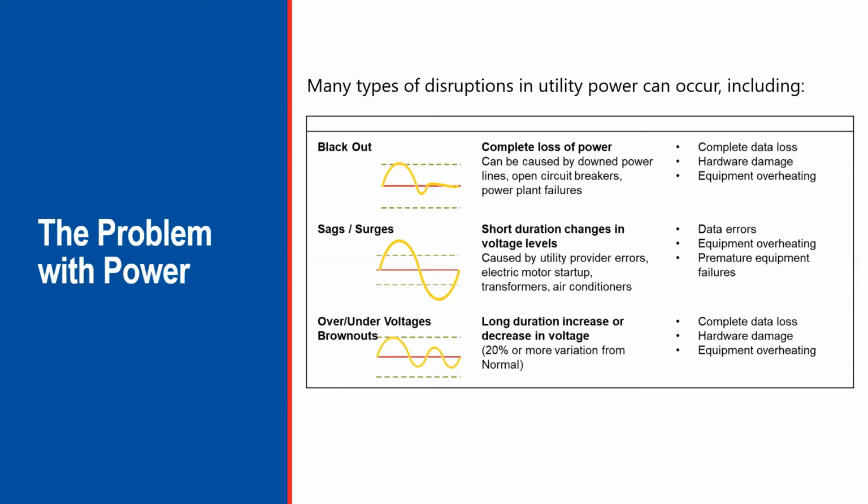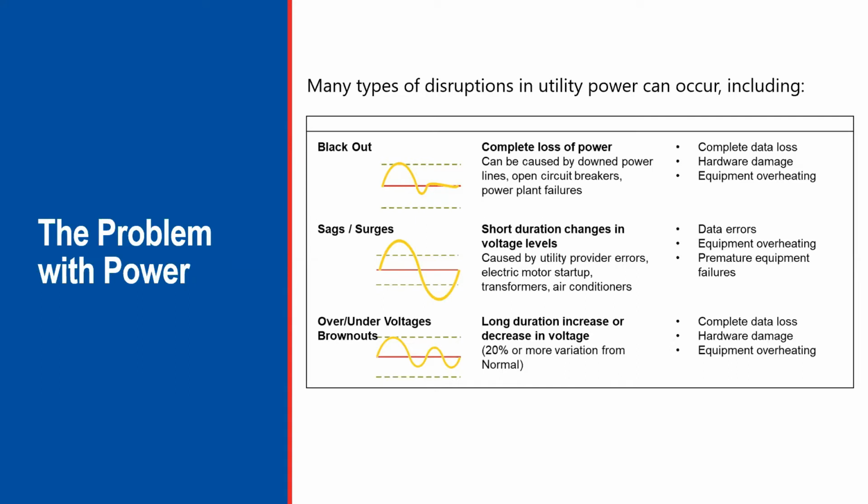The second set of power problems that you'll see there are sags and surges, which are short duration changes in voltage, either up or down. I encourage you to look at the graphs as well. You can see, going back to the blackout, how a normal wave looks when a blackout occurs.